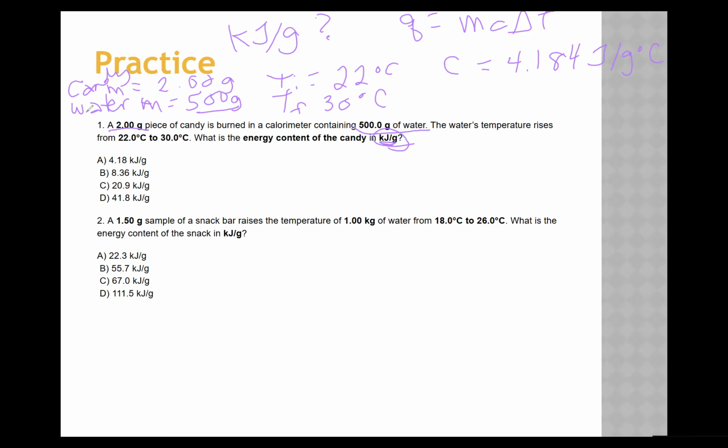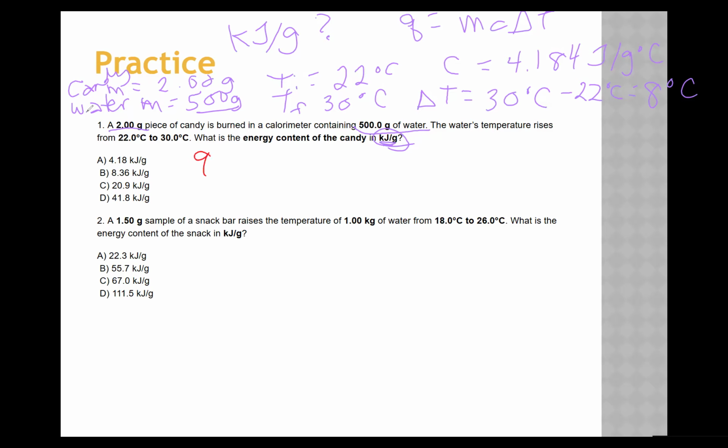And now we can find our delta T. So our delta T equals 30 degrees Celsius minus 22 degrees Celsius to give us 8 degrees Celsius.